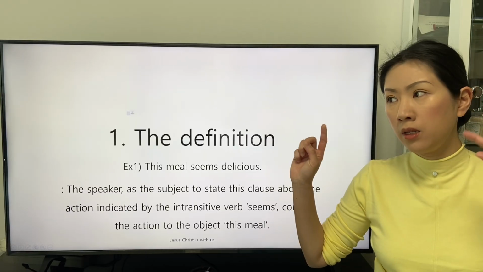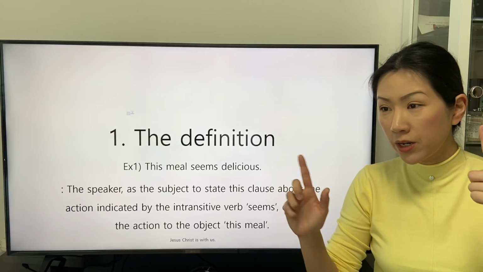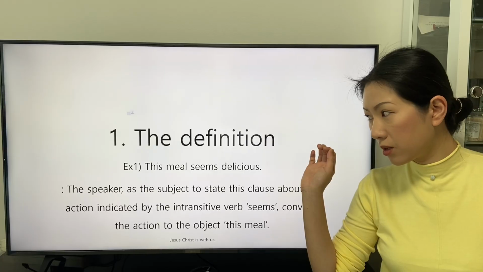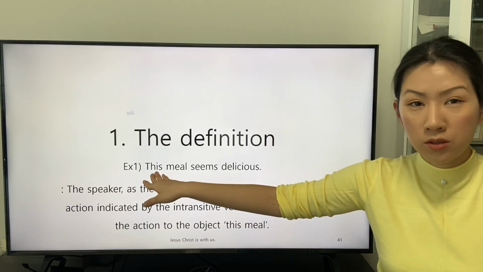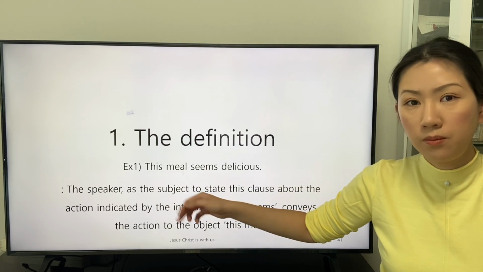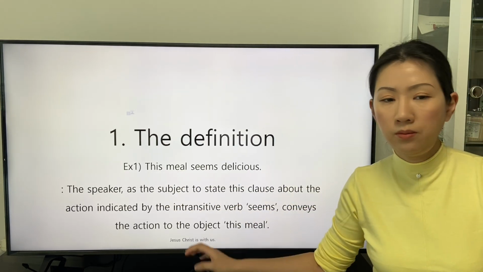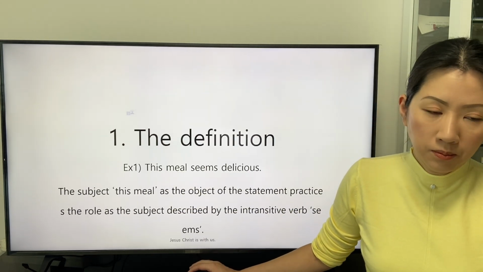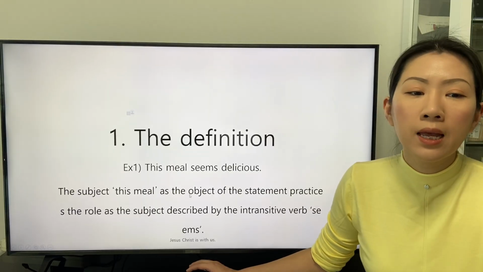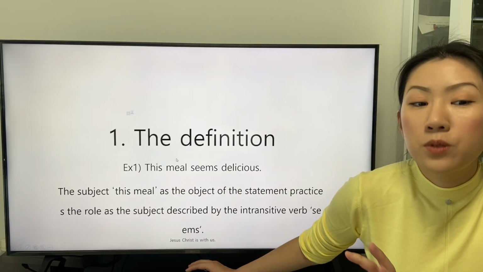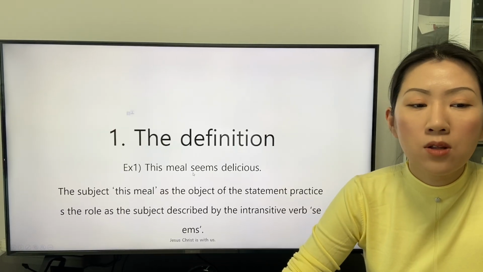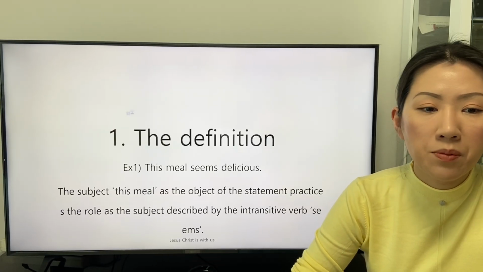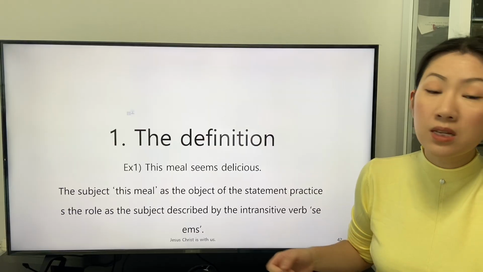We can understand that the speaker who states this clause sees the subject of the clause, this meal, and states the clause. The subject, this meal, as the object of the statement, practices the role as the subject described by the intransitive verb seems.